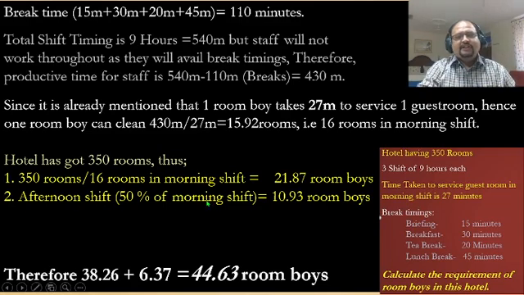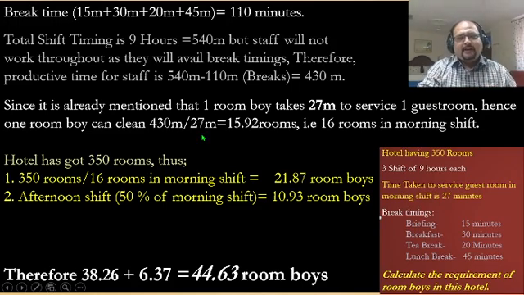Suppose you want to calculate it in detail, again you can go for second productivity: total time in the afternoon shift, then total break timings and total time required to service the guest room in the afternoon shift, and you can come to the conclusion by dividing that total productive time by total time taken to service the guest room. Here in this case, I am assuming the productive time is the same, because although it is not the lunch, you will have some dinner or some other thing.